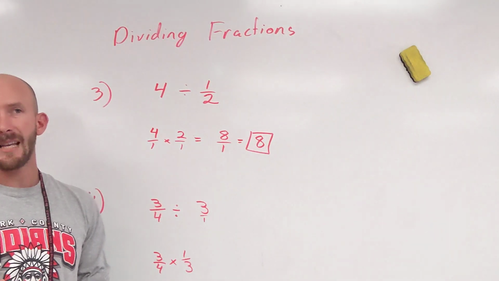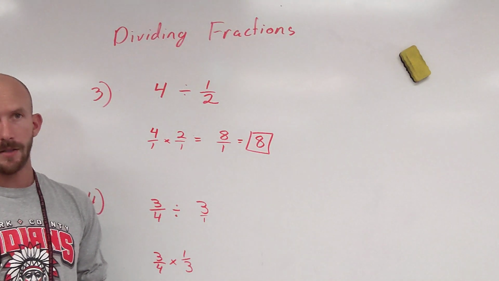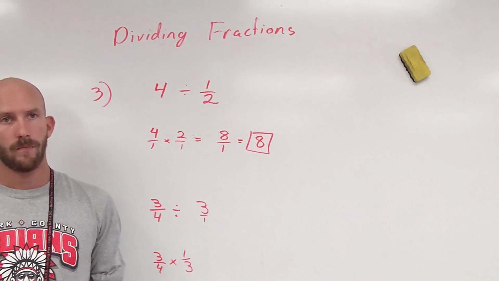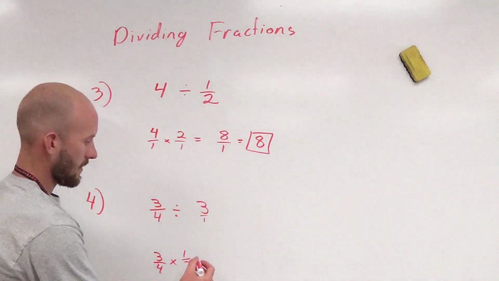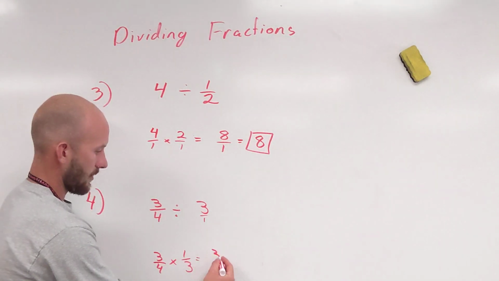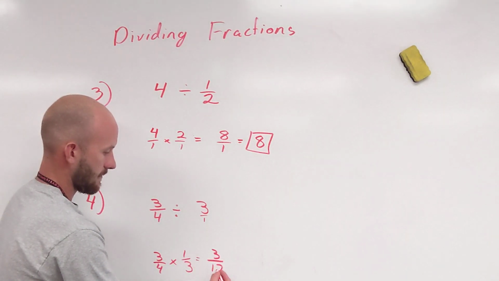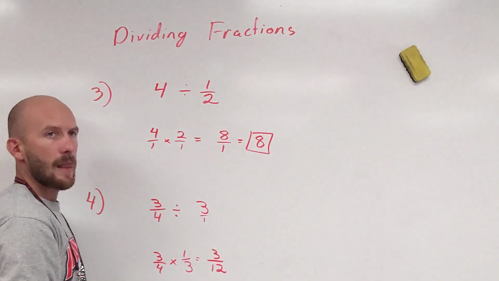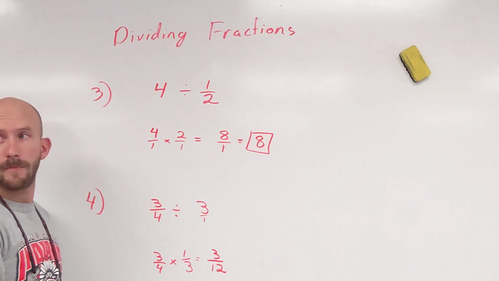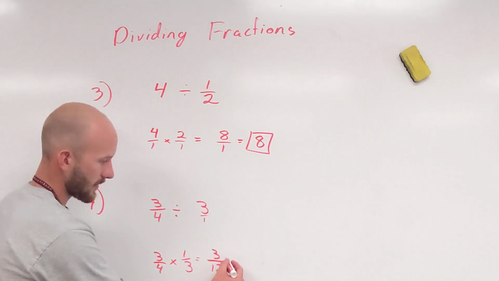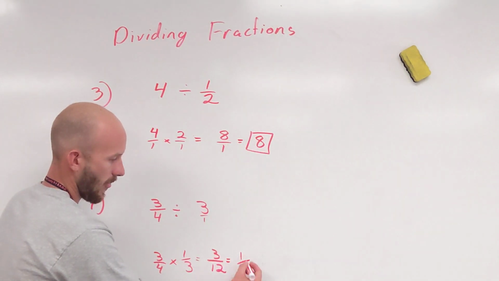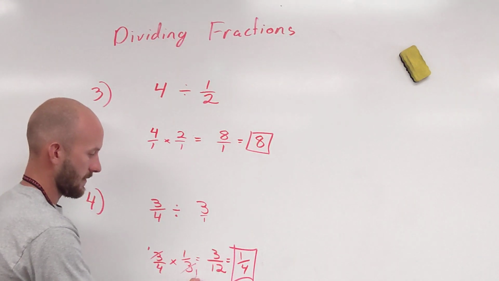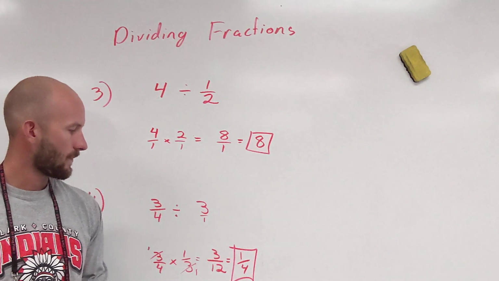And that should make sense. Dividing by 3 is the same as multiplying by 1/3. And then we can multiply straight across. And then does that reduce? Yeah. They're both divisible by 3. And again, you could have cross-reduced to there and got the same thing.